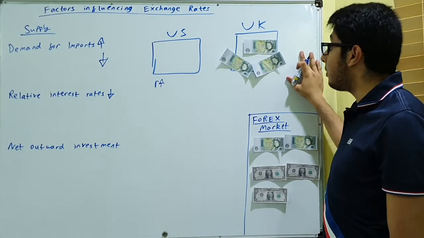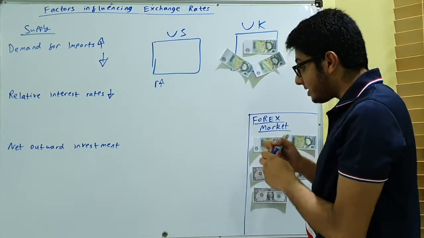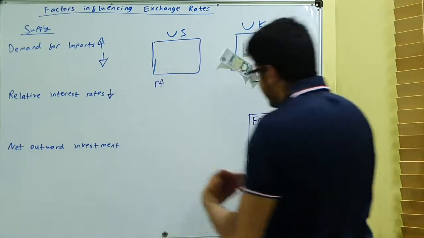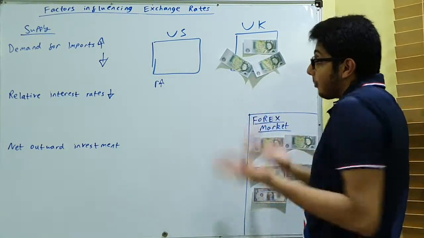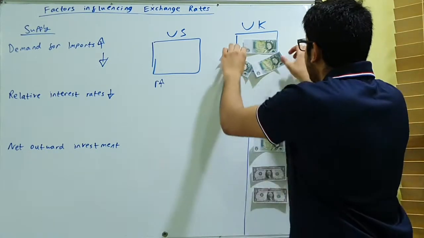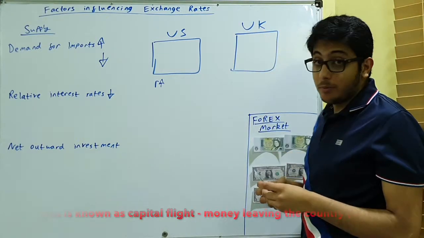So what happens to our relative interest rate is it decreases. So what speculators do, what investors do, they want to make a profit. So they go to where they're going to get more return on their savings. So I don't want to save my pounds in the UK anymore. I want to save them where I'm going to get more return on my savings.